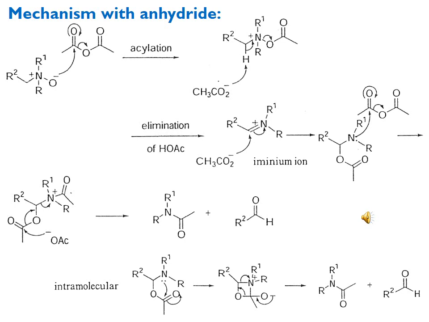In the next case, there are two possible paths for the reaction. The first is that another molecule of acetic anhydride comes, and the nitrogen, whose lone pair is now free for nucleophilic attack, which was not available when it was making 4 bonds, now makes 3 bonds.